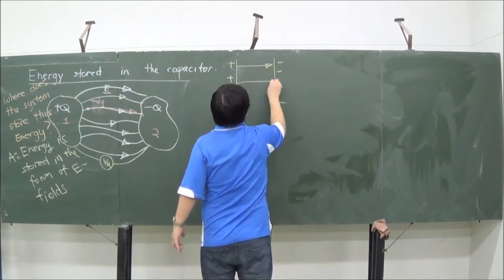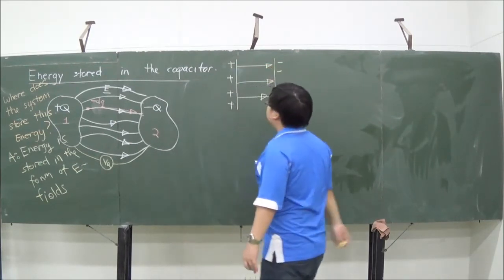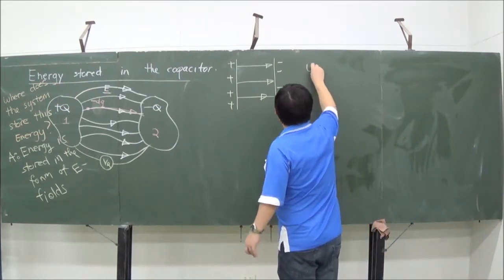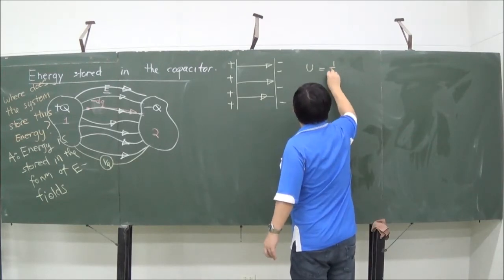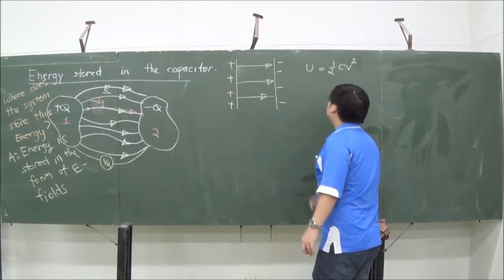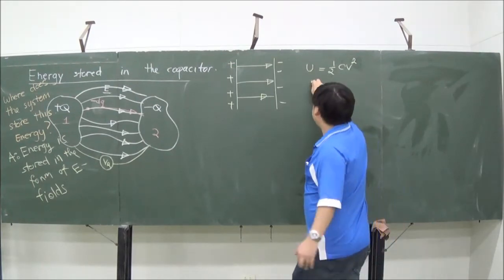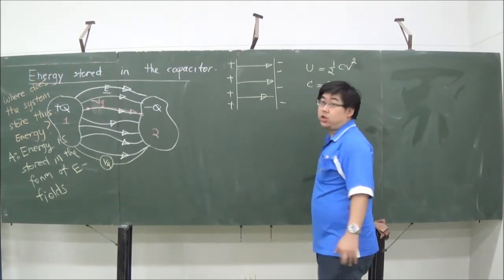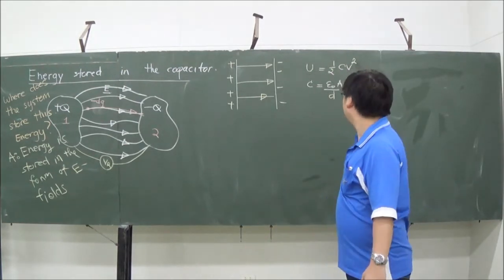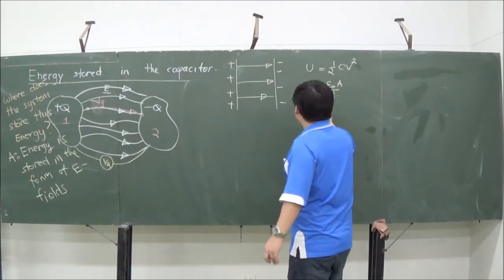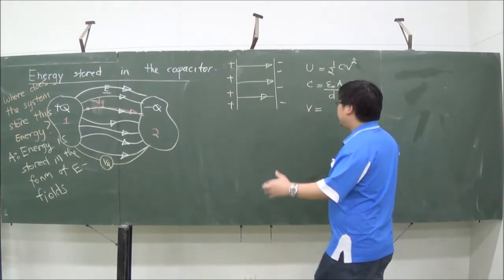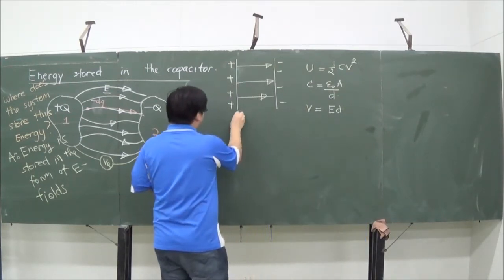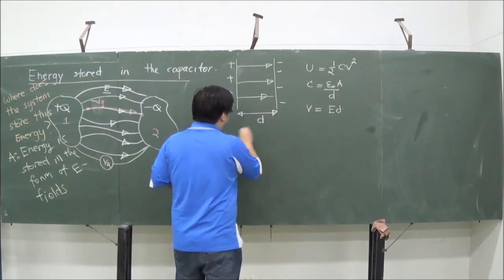So we've got a uniform electric field between these two parallel plates. We know that U is a half CV squared. We know that C is a constant, and in this case it is given by epsilon naught A over D. V is the potential difference, and in this case is E times D, where D is the gap between these two plates.